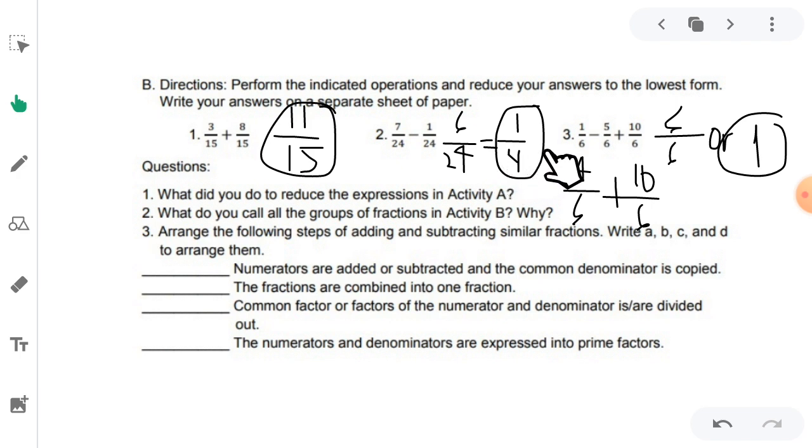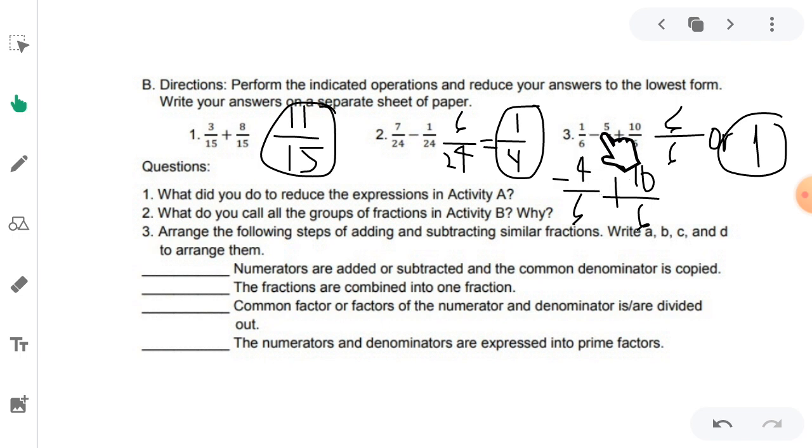And then number 3. 1/6 minus 5/6 plus 10 over 6 is equal to... so what we will do, we have a rule here. If you recall the MDAS, which is multiplication, division, addition, and subtraction. Since subtraction comes first, let's do it first.